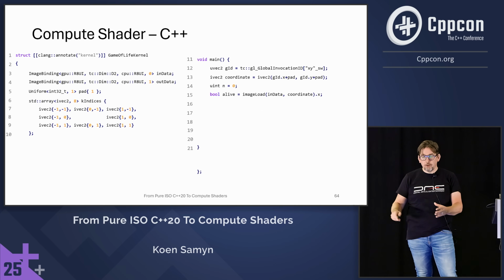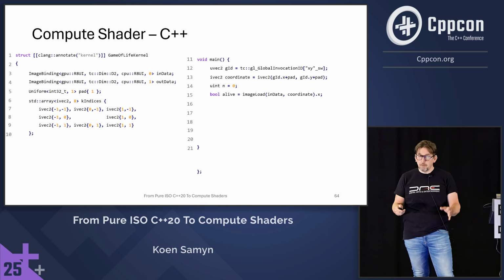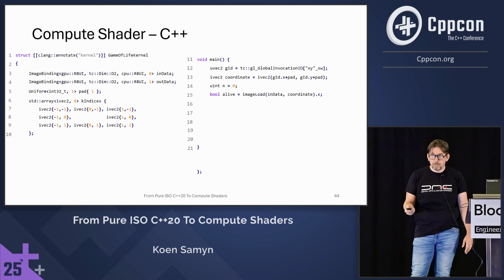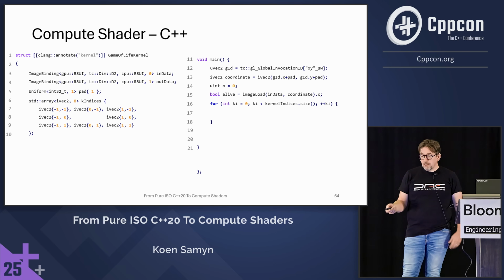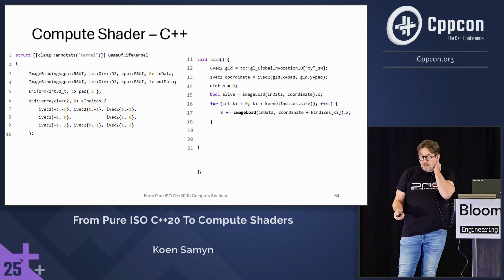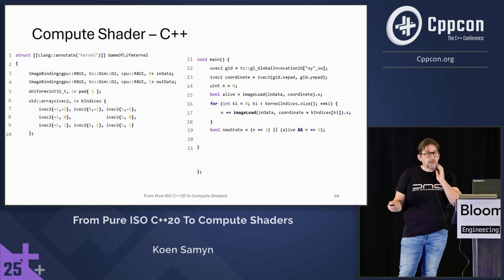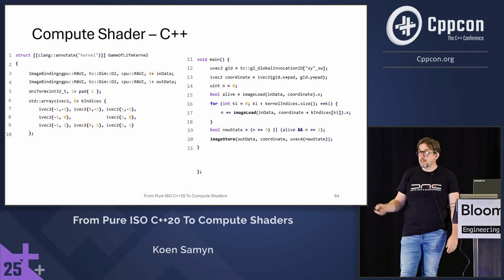It's converting from a byte to a bool. In C++, no problem. In GLSL, problem. So I'm going over my std::array. I count the neighbors, so it's 0, 1, that information. I calculate a new state, and I store it into my output image.